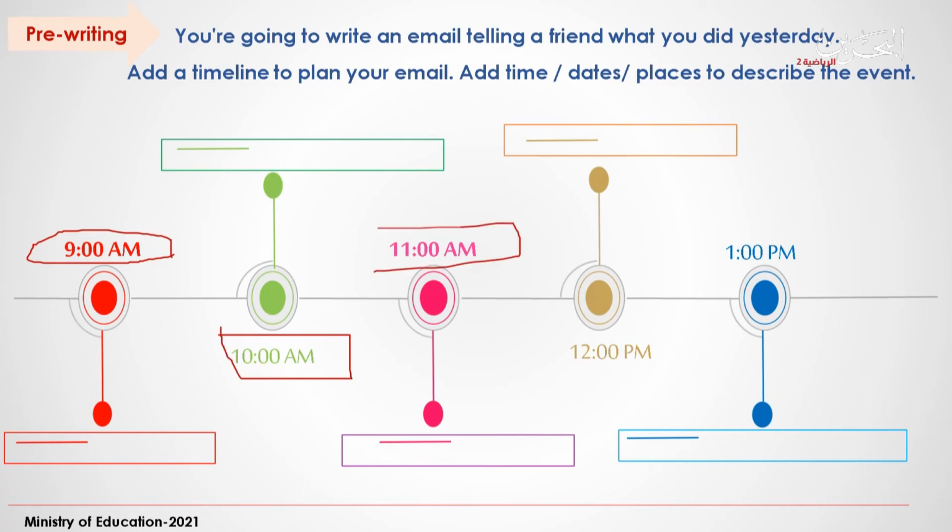But I want the exact same number of events. So we have 1, 2, 3, 4, and 5 events mentioned in the email. So I want you to mention 5 events. You can play with the time and change it accordingly. I will give you 2 minutes to do this activity, starting from now.